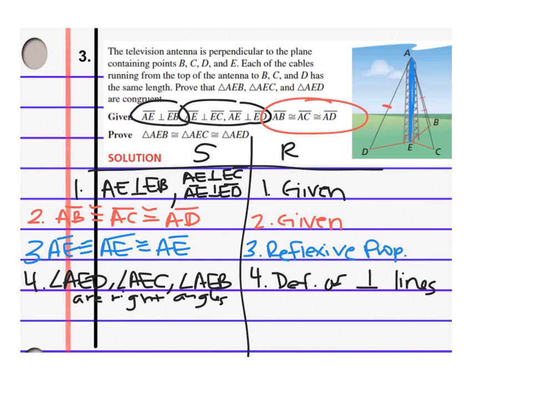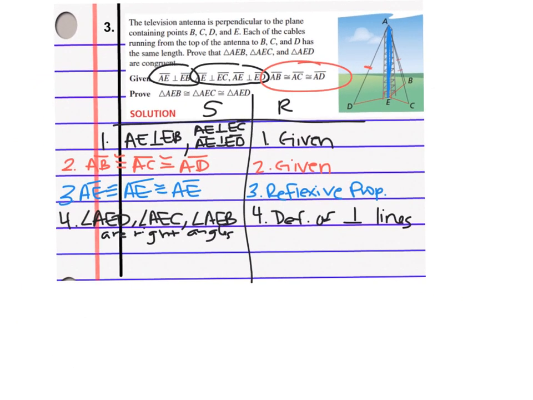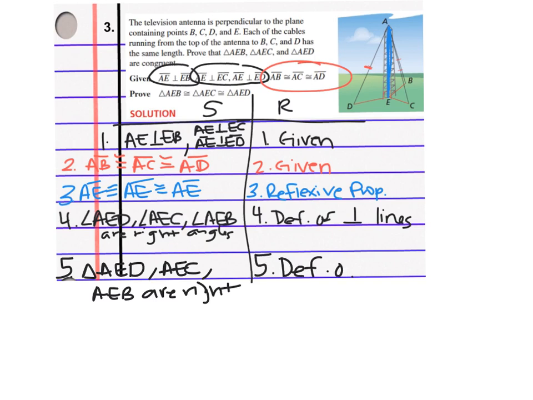Then I need to say that I have right triangles. So next I'm going to say that all three triangles are right. So triangle AED, and the order doesn't matter, AEC, AEB are right. And just like the last problem, I'm going to say the definition of right triangles.